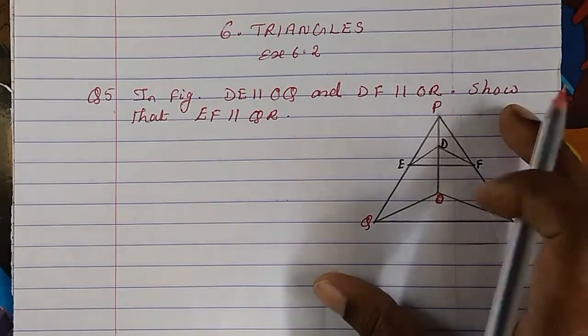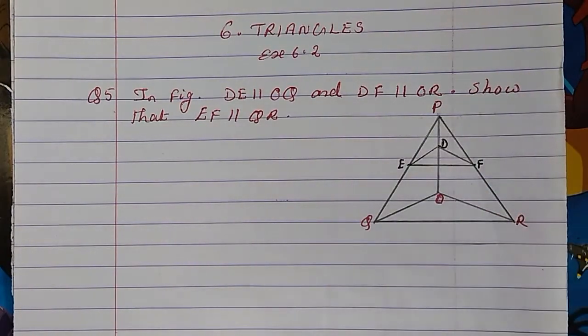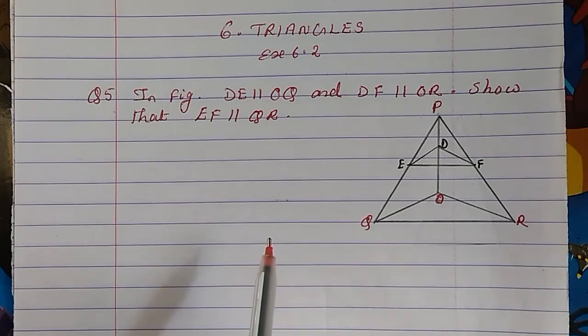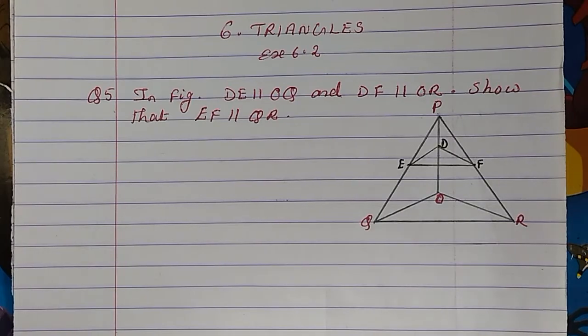So before explaining this, let me explain the introduction for exercise 6.2 that I have told you. Two theorems we studied: the basic proportionality theorem and the converse of it. So I'll revise both once again, then it will be easy for you to understand.